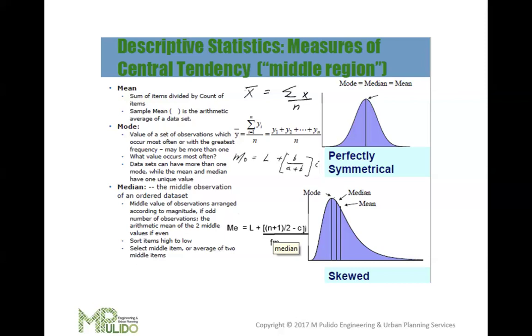So skewed distribution, what does it mean? The mean, median, and mode are not equal. The distribution can be positively skewed, right skewed, or negatively skewed, left skewed.